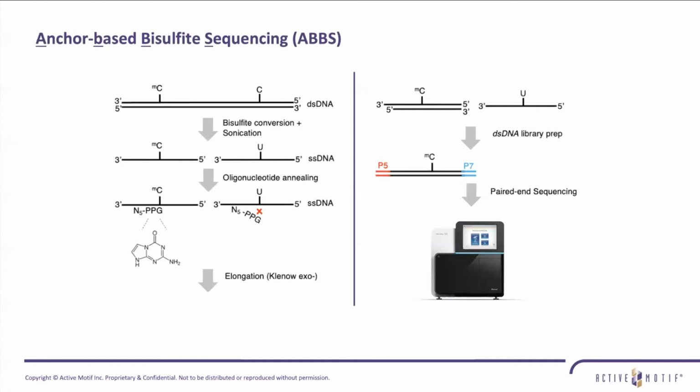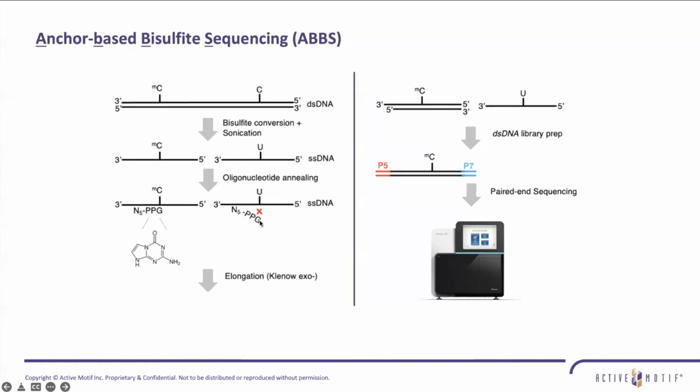The most important part of the protocol is using specialized oligos that we call anchor oligos, where we use 5 random nucleotides and a terminal PPG, which is an analog of guanine. On the left-hand side, where we have a methylated cytosine, there is a perfect match between the PPG and the methylated cytosine. On the right-hand side, where there is a uridine, there is a mismatch between uridine and PPG. So the oligo is not fully hybridized and cannot really be elongated.